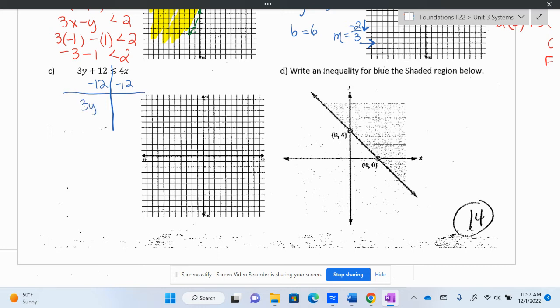So 3y is less than or equal to 4x minus 12. What next, Dakota? Divide everything by 3. So y is less than or equal to 4/3 x minus 4. That's my slope. I'm going to begin at -4 on the y-axis, and then I'm going to count a slope of 4/3. So up 4, to the right 3.